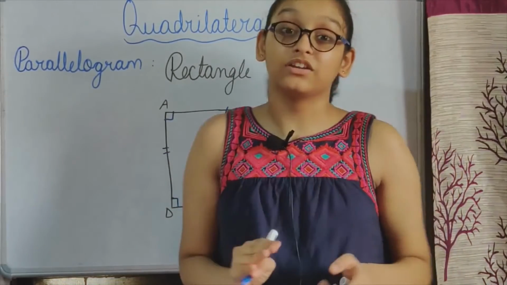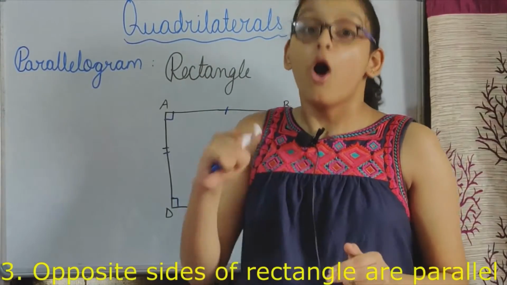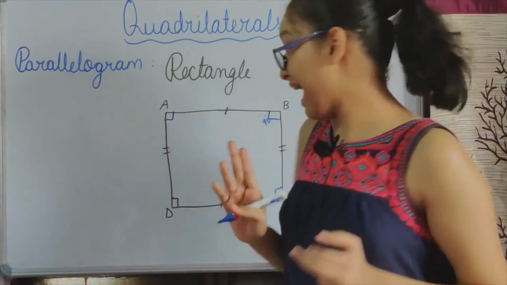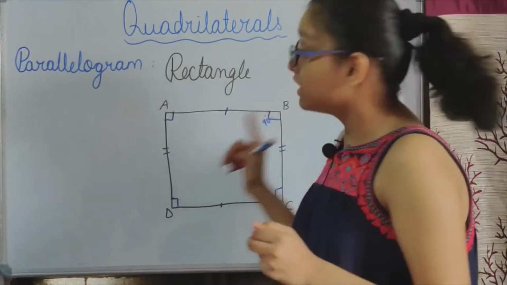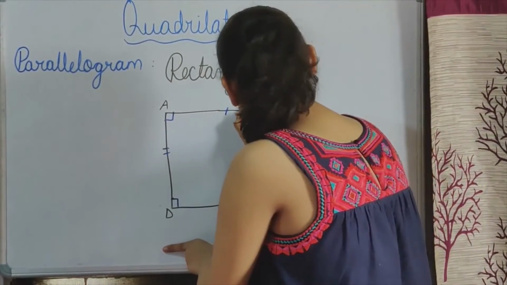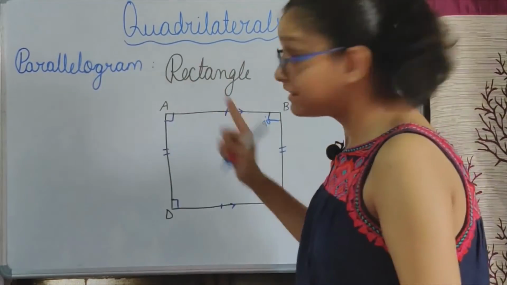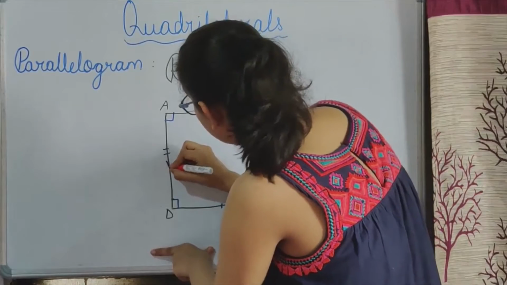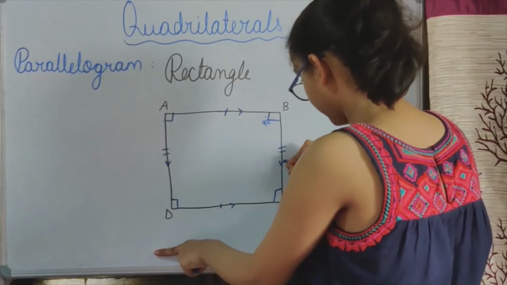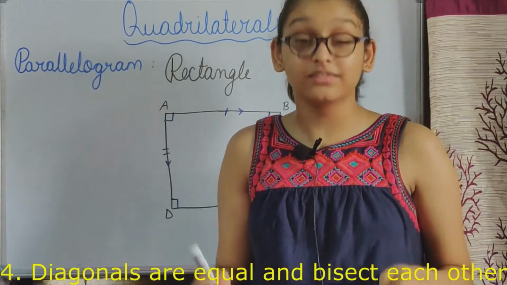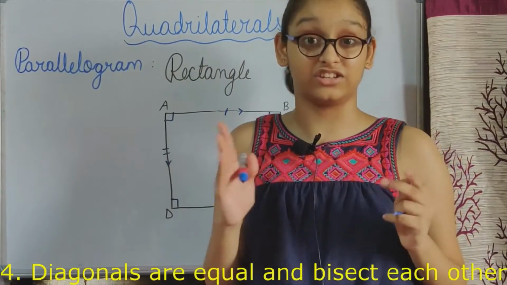The next property of rectangle is that opposite sides of a rectangle are parallel. This means that side AB is parallel to side DC and side AD is parallel to side BC. The next property of rectangle is that its diagonals are equal and bisect each other.